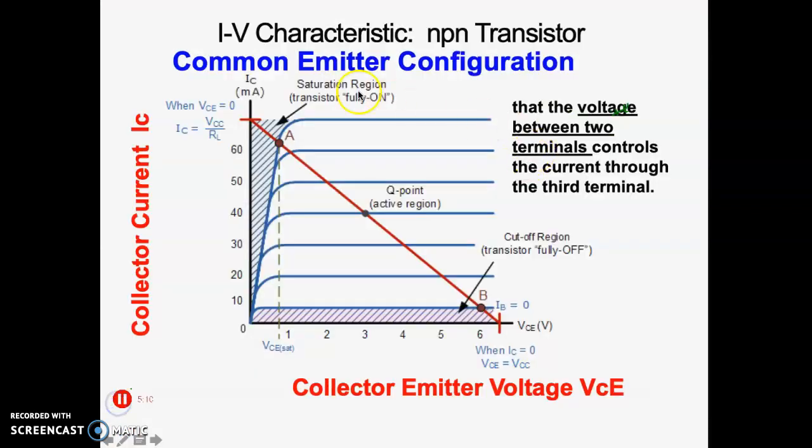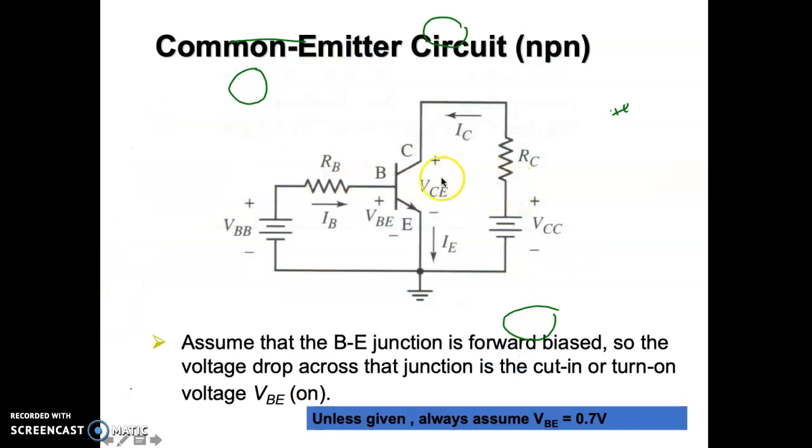Okay, as shown here, this is the common emitter configuration for IV characteristics for NPN. This graph is only for common emitter. The output current is IC and the output voltage is VCE. If you see the previous circuit, this is the output voltage, your VCE, and your output current is your IC.